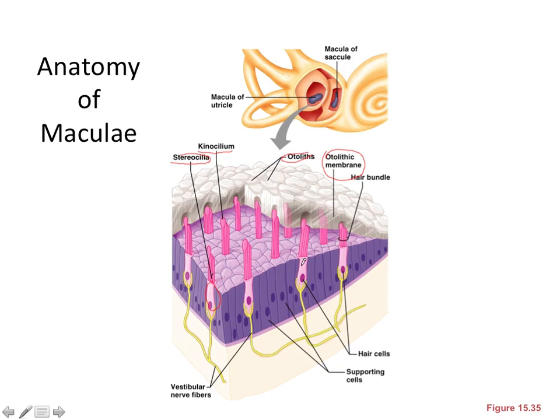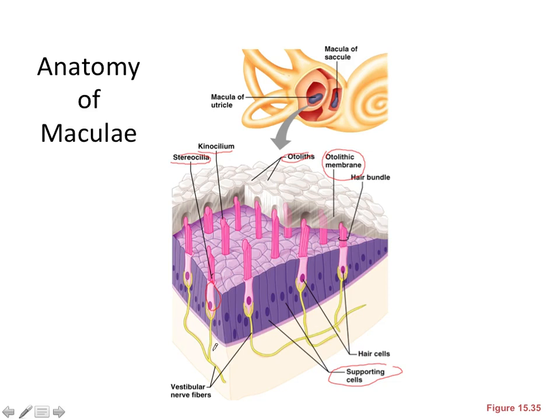The hair cells are linked with supporting cells. Supporting cells provide nutrients and also stabilize the hair cells. The hair cells also synapse with nerve fibers.